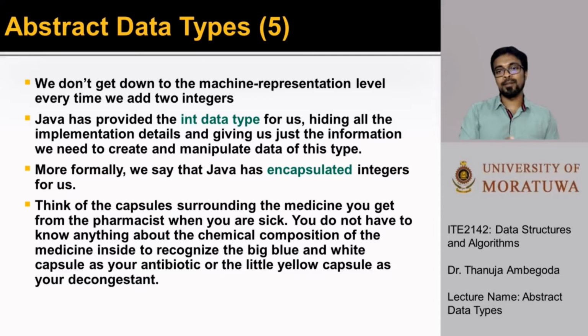So this hiding away of details, let's say in Java, you have this int, the integer data type. It hides away the implementation details. And we call it encapsulation. So Java has encapsulated the integers. Without knowing how multiplication or division is implemented, you can use multiplication and division in your programs.